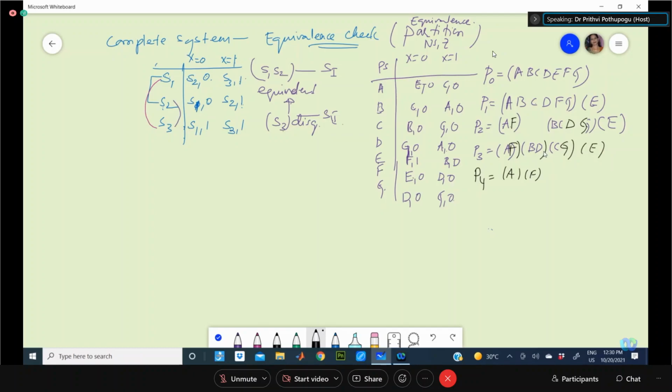PD goes to CG. CG is in one group, and A is anyhow a mutual equivalent. So CG is PD here. So A is mutual.